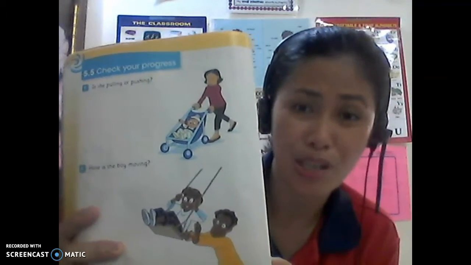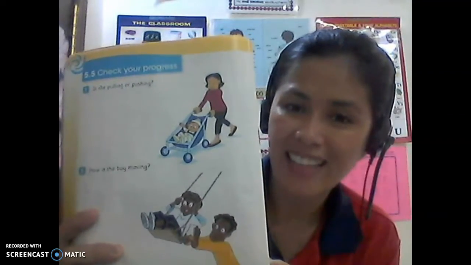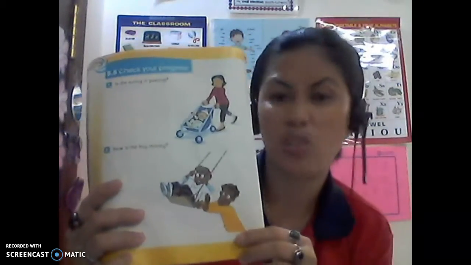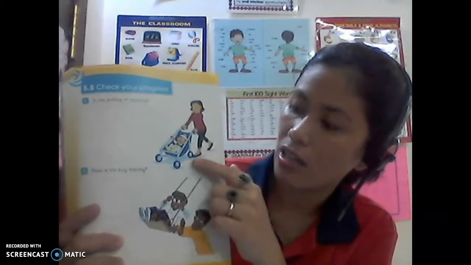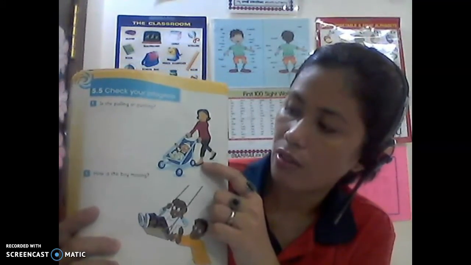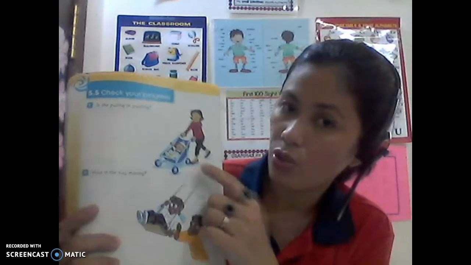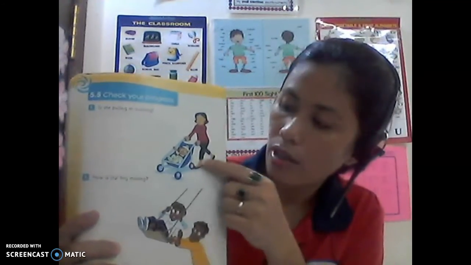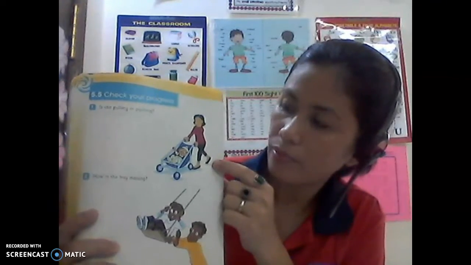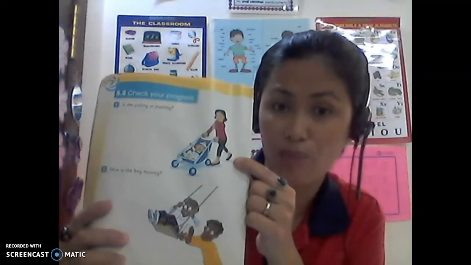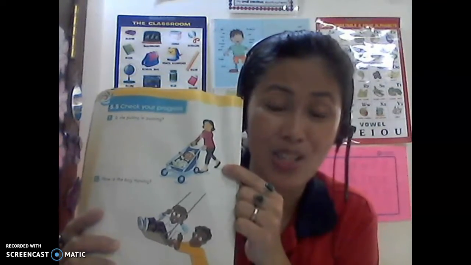So if your answer is push or pull, then it's okay, because the left leg shows that she is moving forward, so she will push. Or if you look at the right leg, it could be that she's moving backwards, so you can answer push or pull.